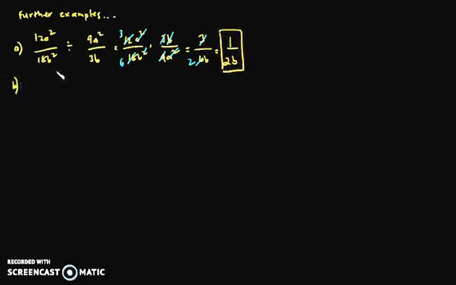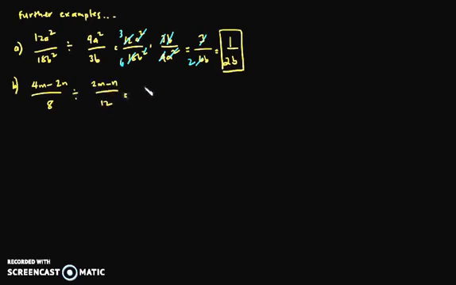Okay, now for letter B. I have here 4m minus 2n over 8 divided by 2m minus n all over 12.